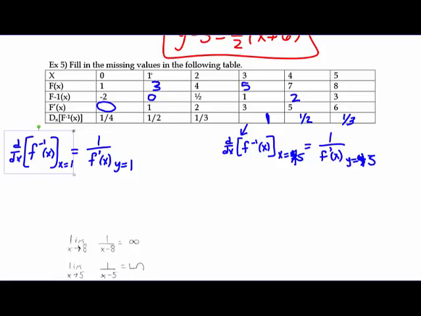So when x equals 1, f inverse had a slope of 1/2, which means that 1/2 is 1 over f prime when y equals 1. Well, y equals 1 here. 1/2 is the reciprocal, which means 2 is the slope of f.